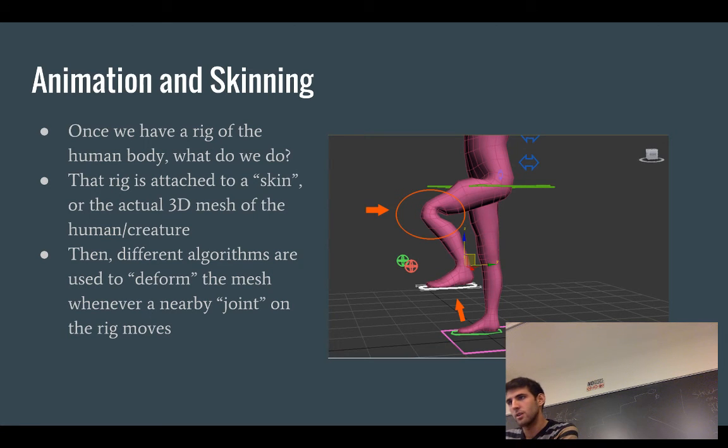So, this we just talked about. One question here is: you have this representation of a skeleton, right? But how do you actually calculate how far each point on this mesh has to move when you move the underlying bone or joint? You also have to think about how joints can't have infinite rotations, right?